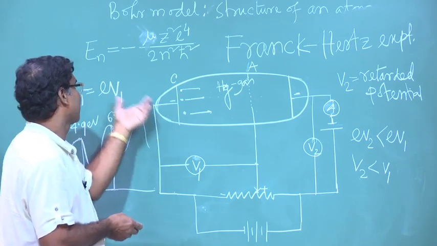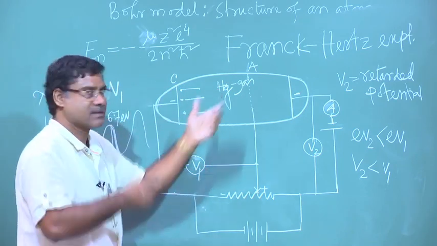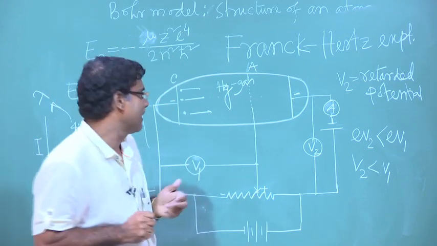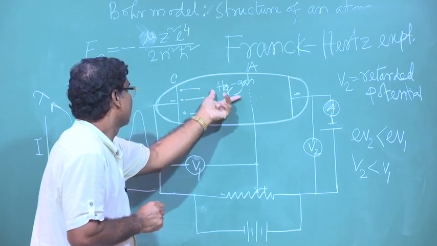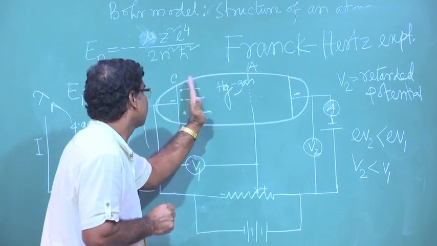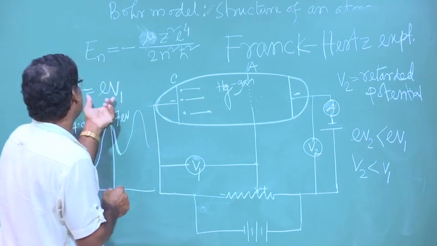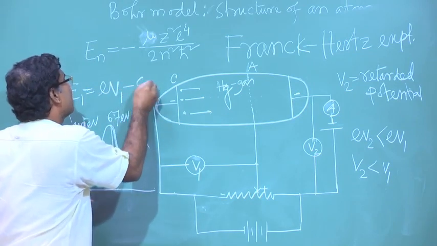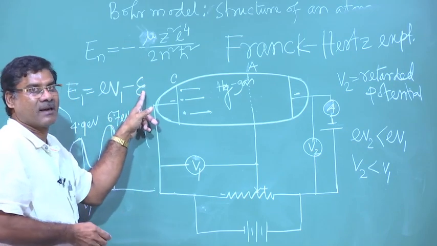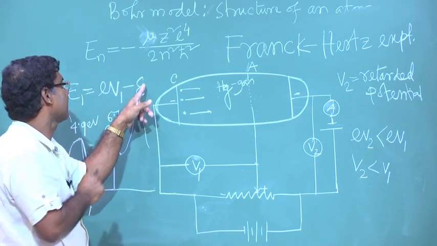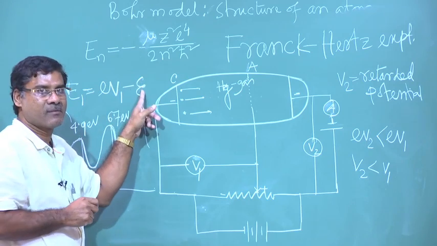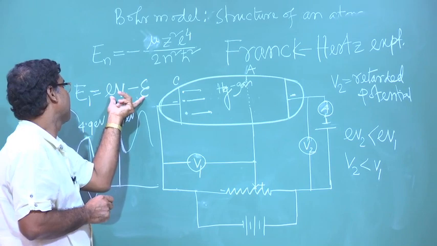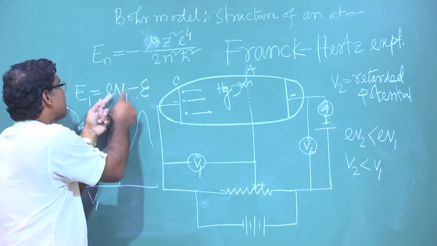Whatever the atom absorbs is the separation of the energy levels, say E. The energy of the electron is reduced by this amount.